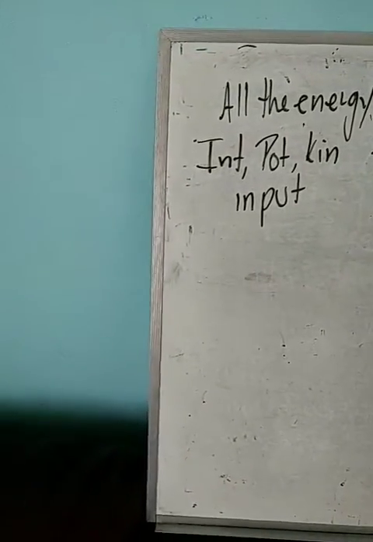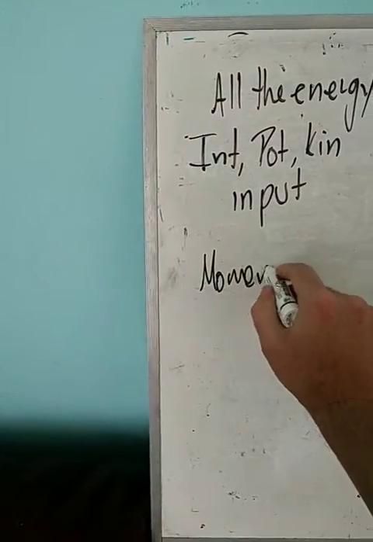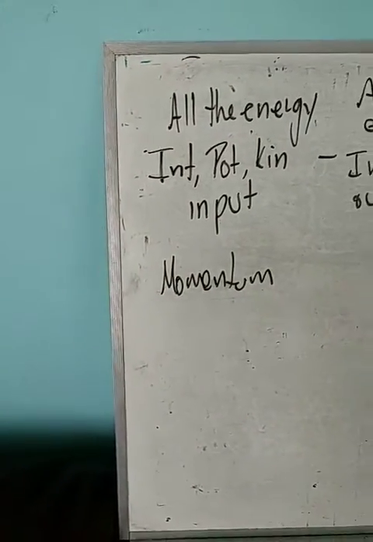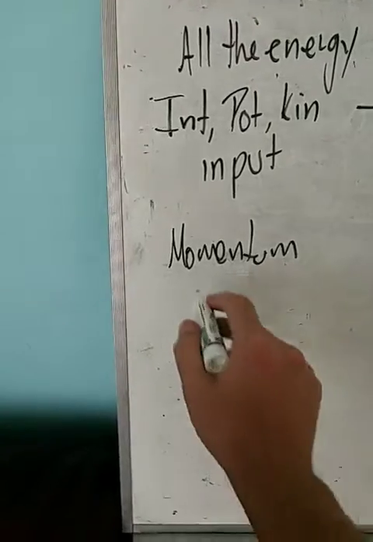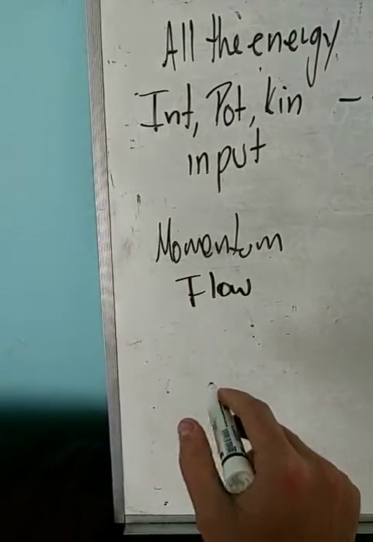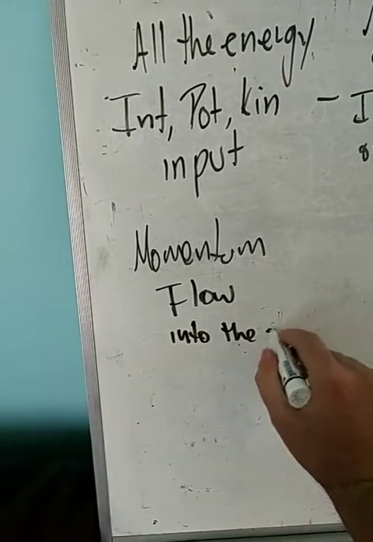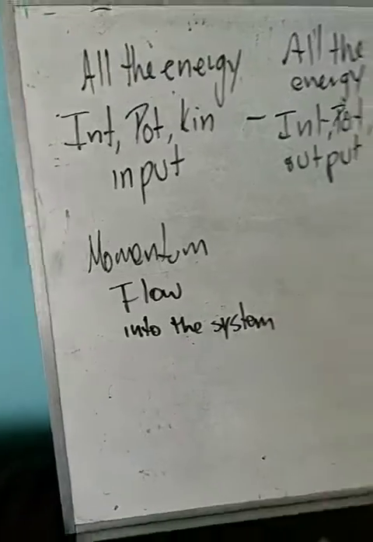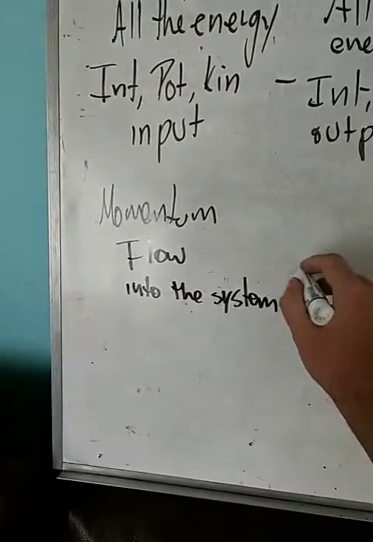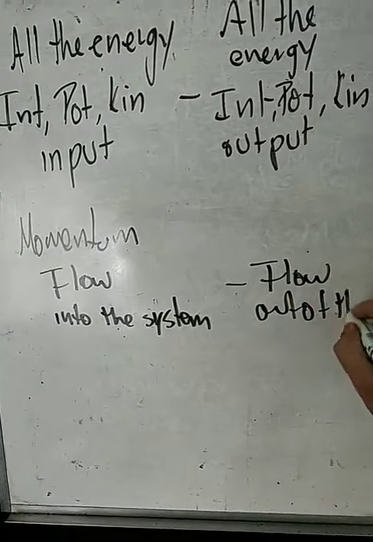When we consider the momentum, we're going to have it easier. Why? Because we're going to talk about the flow into the system. We're going to have the flow out of the system.